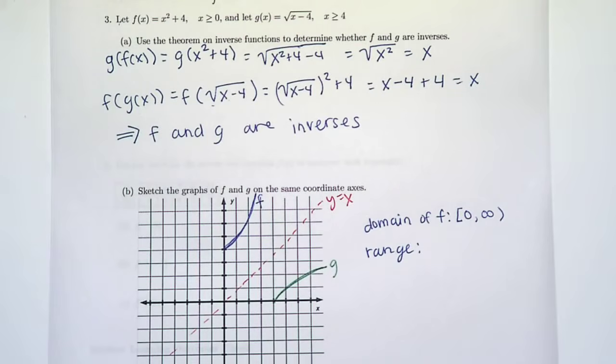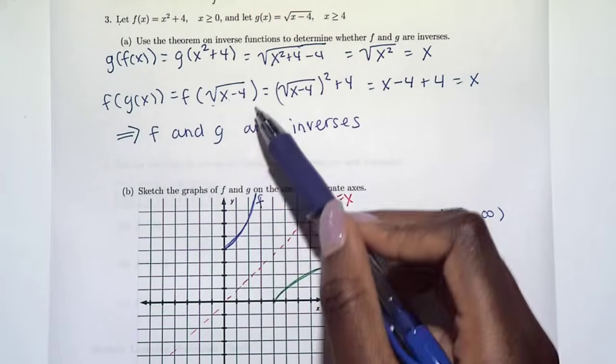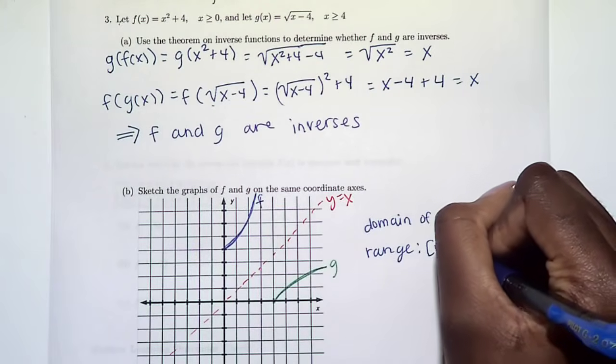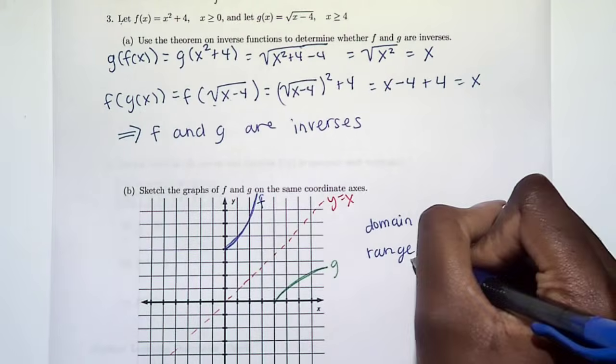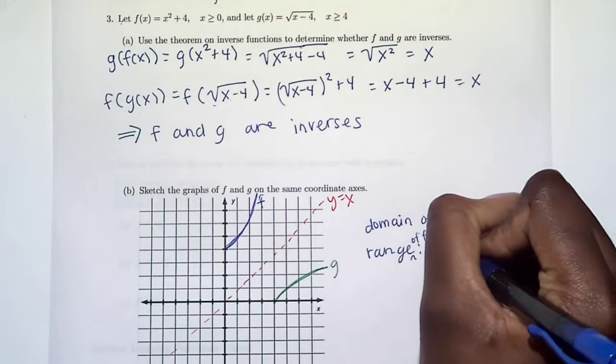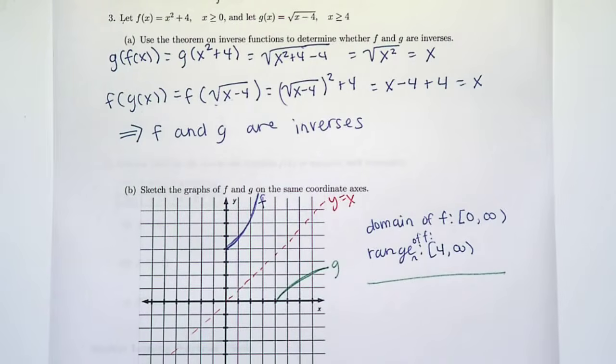And the range of this function, so we're looking at possible y values, from y equals 4 on up, so we're going to include 4 to infinity. And so this is the range of f.